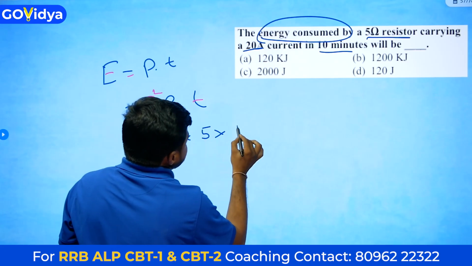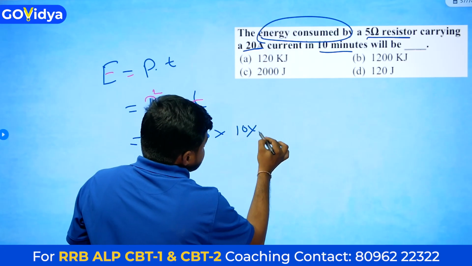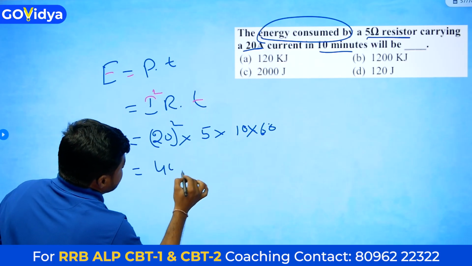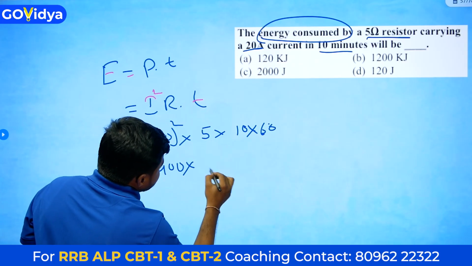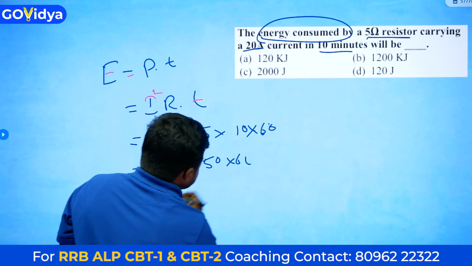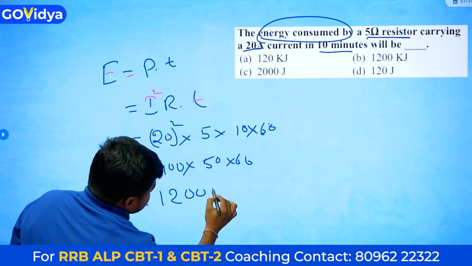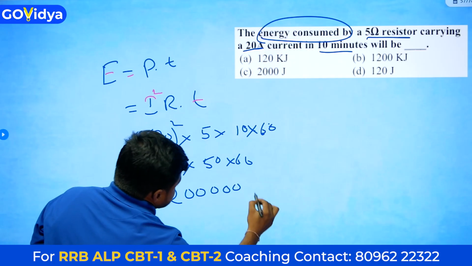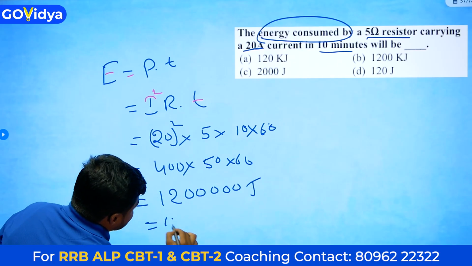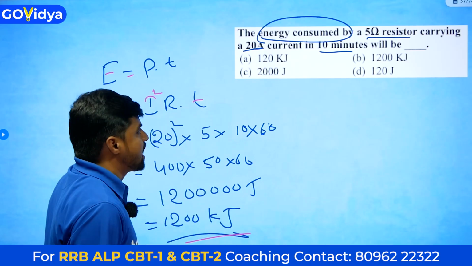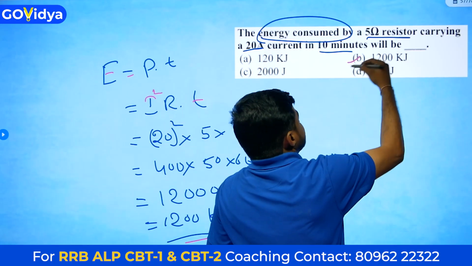Time is 10 minutes, we have to convert it into seconds, into 60. We will get 400 into 5 into 60, which is 12 followed by 5 zeros joules. We can also write 1200 kilojoules. From the options, option B is the correct answer.